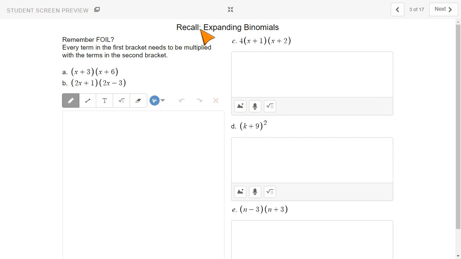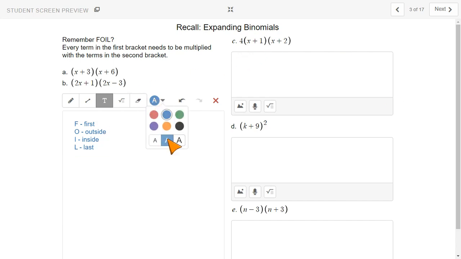Let's talk about expanding binomials now. So remember FOIL? That was the acronym that we used to represent first, outside, inside, last.